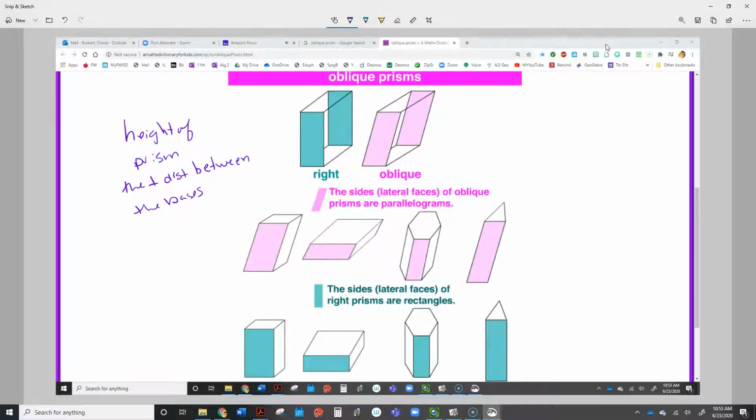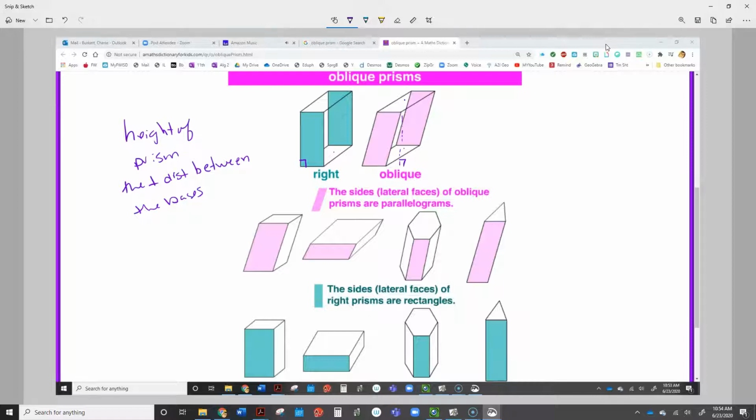So if you define this bottom right here to be the base and this top to be the base, then the distance between those bases, the perpendicular distance, will be that edge right there, because that is a perpendicular distance. Over here, in order to find out the height between this base and this base right here, we're going to have to drop a perpendicular and find out what that is, because it's not going to be the edge of that prism. We have to measure how far it is, because it's leaning over, so we're going to have to measure.